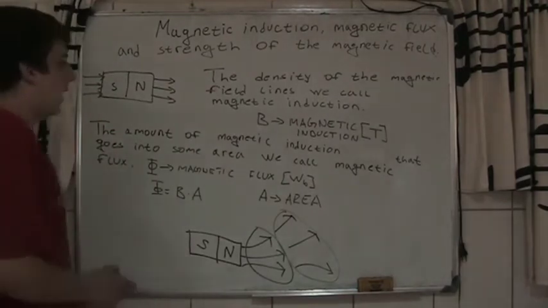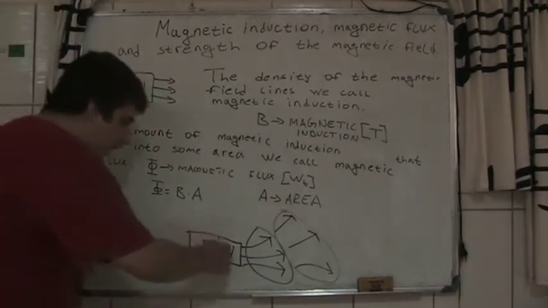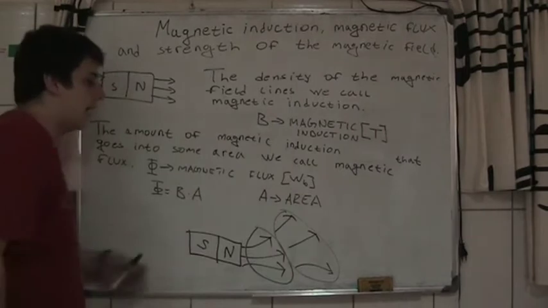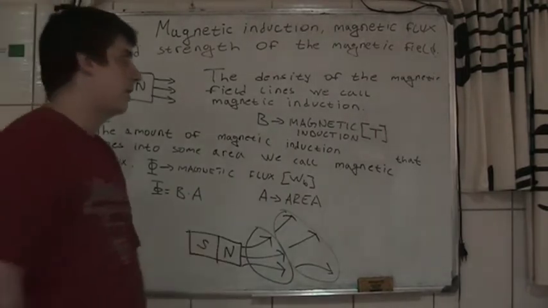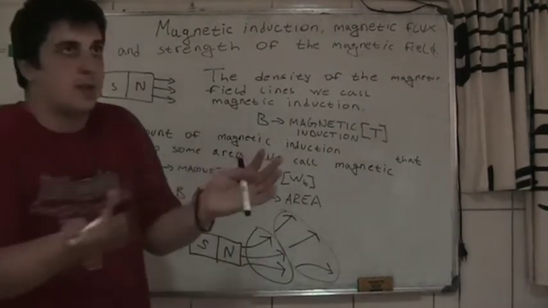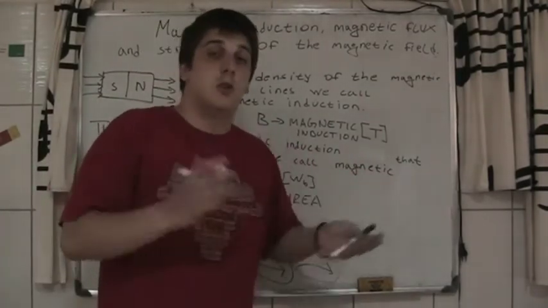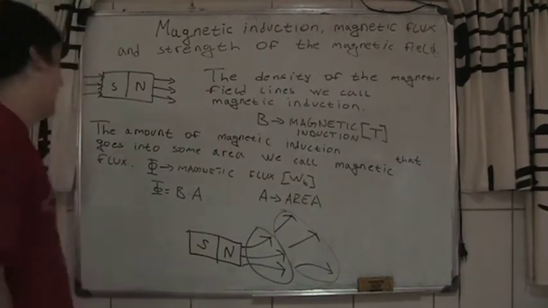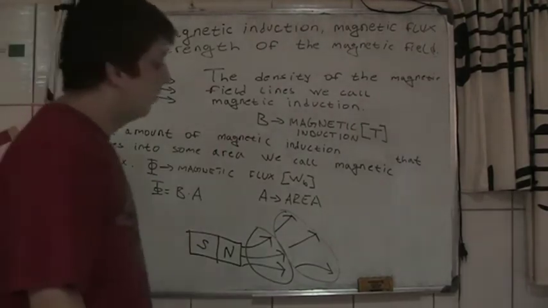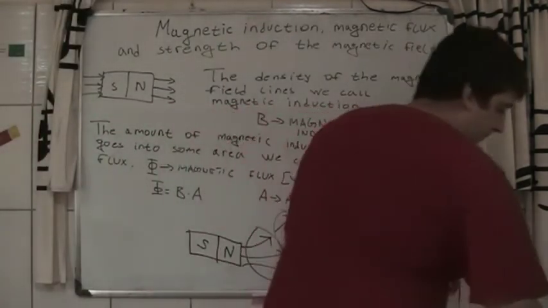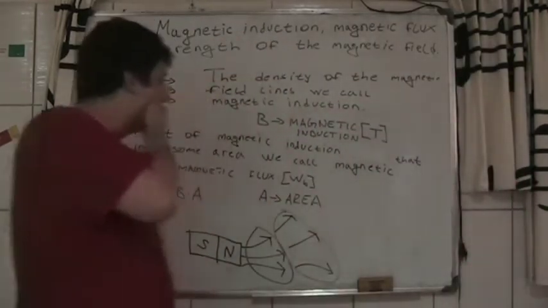Now, these lines here are magnetic induction. The density of it also depends on the distance from the magnet where you measure them. So that's the magnetic induction.